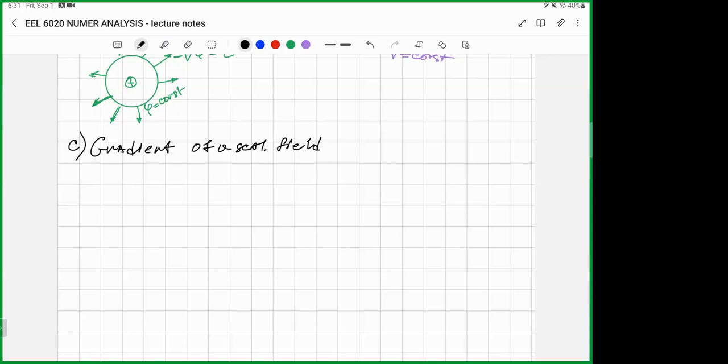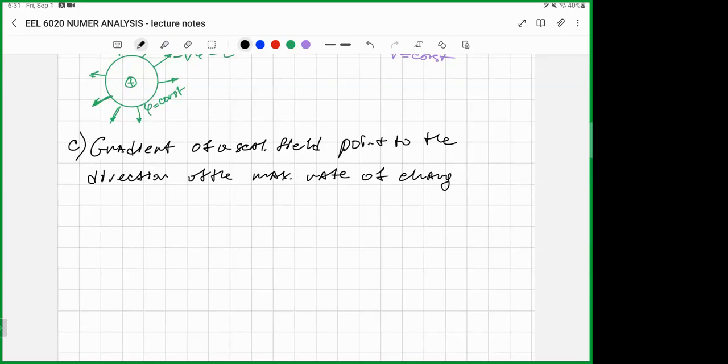So the gradient of a scalar field points to the direction of the maximum rate of change of the field.